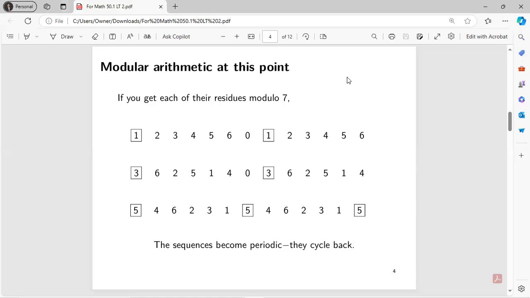Okay, k equals 1, 5 to the 1, the residue is 5, and the residue 5 to the 7 is 5 also. And I think you get why is this true. And it's because of Fermat's little theorem, wherein 5 to the 6 should be 1 mod 7. And it shows here in the sequence.